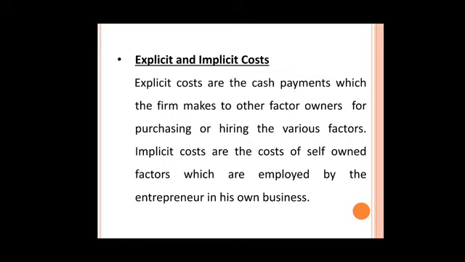Thus, he forgoes his salary as a manager. This loss of salary becomes an implicit cost of his own business. Implicit costs are also known as imputed costs, which are important for the calculation of profit and loss account.